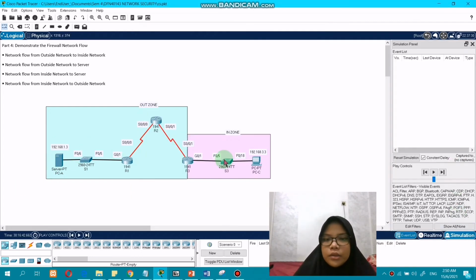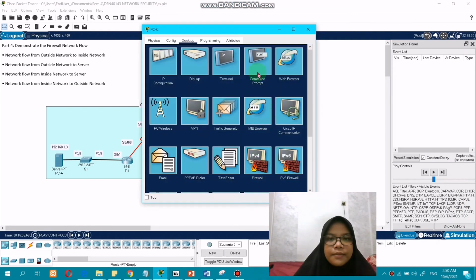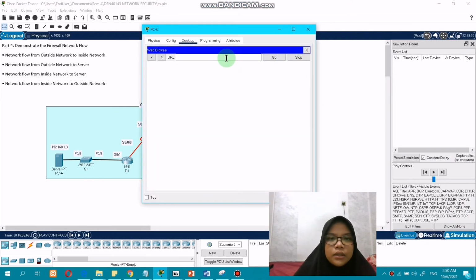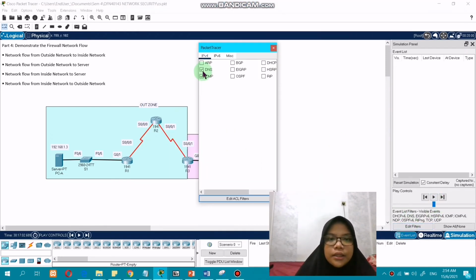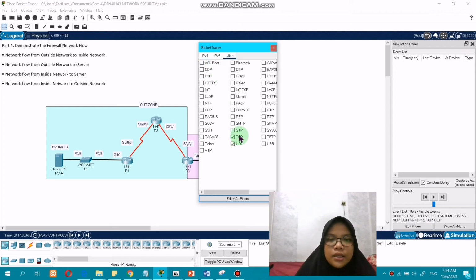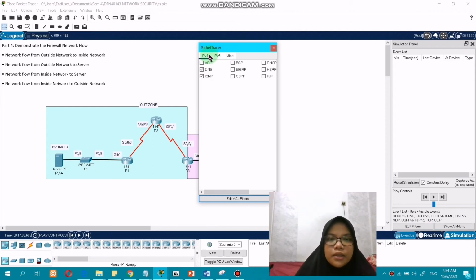So open the simulation, open PCC web browser, and enter the IP address of PCA. So edit filter: DNS and ICMP, TCP and UDP.